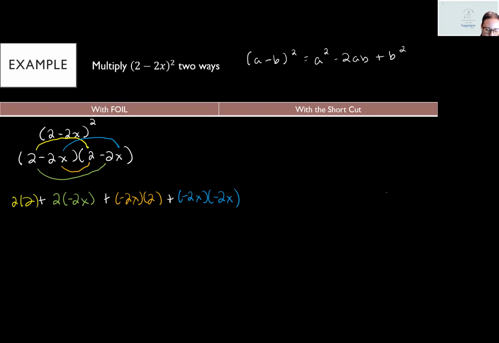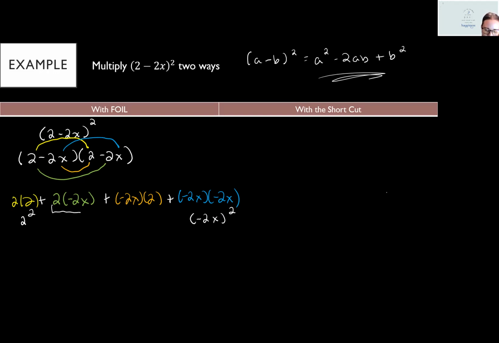To put it into our form, so you can see where the shortcut comes from, this is equal to 2 squared right here. And this is equal to negative 2x squared, because you've got negative 2x times negative 2x.